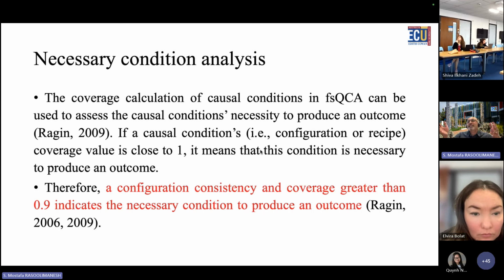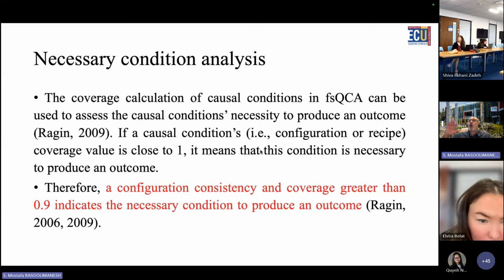So we call this necessity in kind. It means a factor has only two choices: it can be necessary or it cannot. But we also have NCA, necessary condition analysis, which is not in FSQCA.